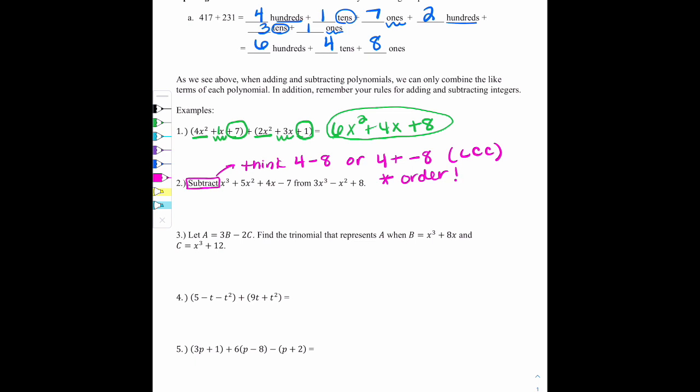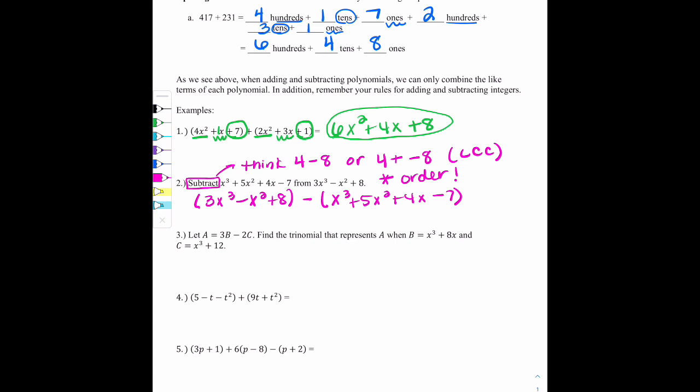So since it says subtract the x cubed expression from the 3x cubed expression, the 3x cubed expression actually comes first. So 3x cubed minus x squared plus 8, and then subtract from that x cubed plus 5x squared plus 4x minus 7. And we're going to apply that same principle of leave, change, change to this expression.